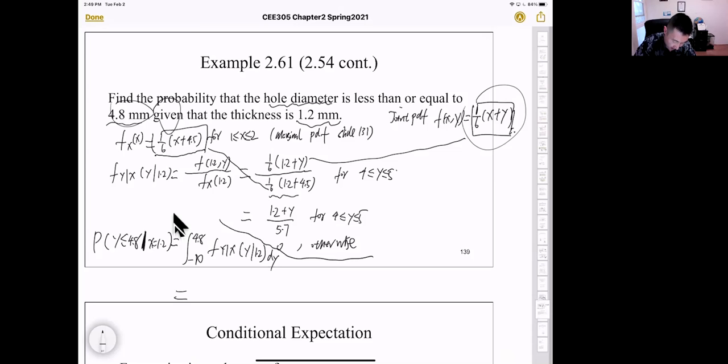That is equal to the integral from 4 to 4.8, because the smallest possible Y is 4, of (1.2 plus y) over 5.7 dy. And this is 0.786.